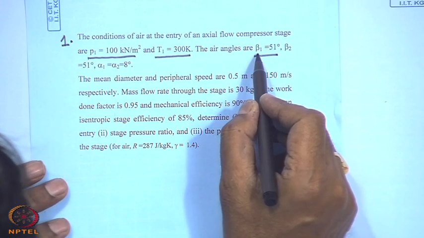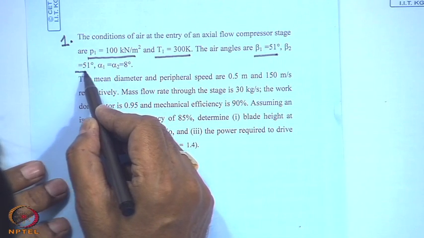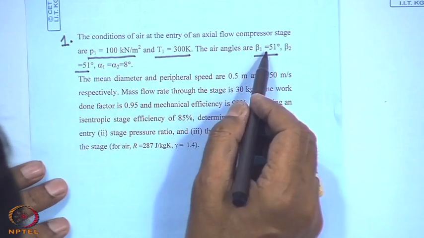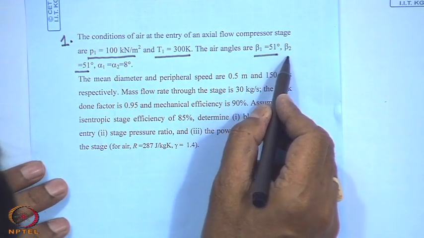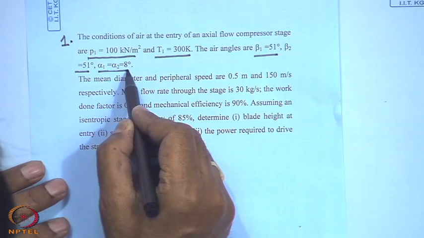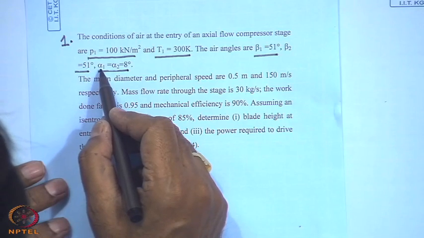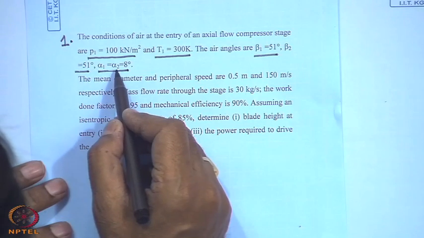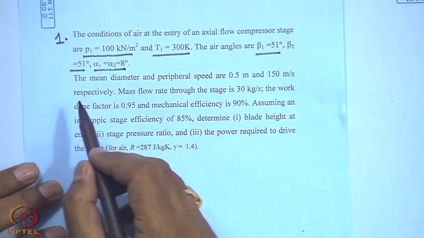This is the blade angle at inlet, and beta 2 the blade angle at the outlet, that is the rotor blade angle at the inlet and outlet, both 51 degree, and alpha 1 and alpha 2 are 8 degree. Alpha 1 is the angle of the absolute velocity at the inlet and alpha 2 is the angle of the absolute velocity at the outlet of the rotor blade.